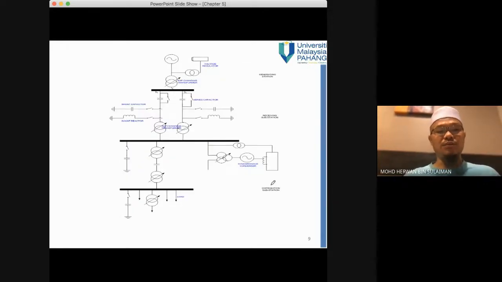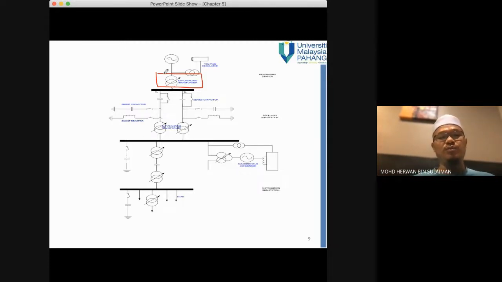Okay, this is the typical power system operation, or what we have in our power system components, that I think we have covered in the introduction of this course. So we have the generator system, and then we have a tap changing transformer to step up the voltage value. Normally our generator produces low voltage, and then we step up by using the tap changing transformer.